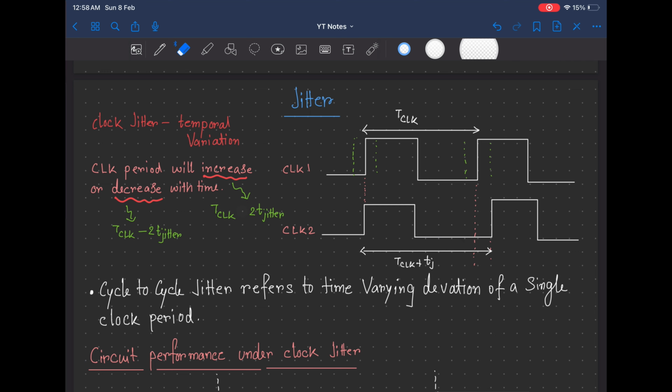Here we take plus minus in general, but here it should be positive.